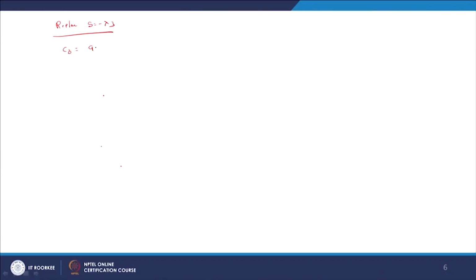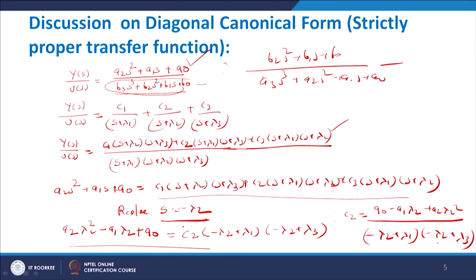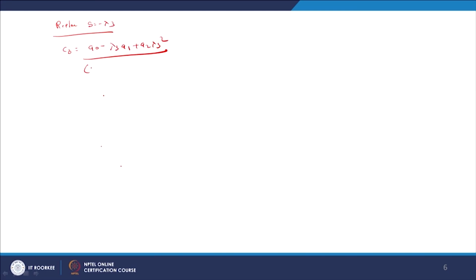If you replace S equals to minus lambda 3, there are three parts, first, second and third, and two parts will automatically become 0, so we can directly get the value of C3. We get C3 as A0 minus lambda 3 into A1 plus A2 lambda 3 whole square, divided by minus lambda 3 plus lambda 1 into minus lambda 3 plus lambda 2. So, we get the value of C3.